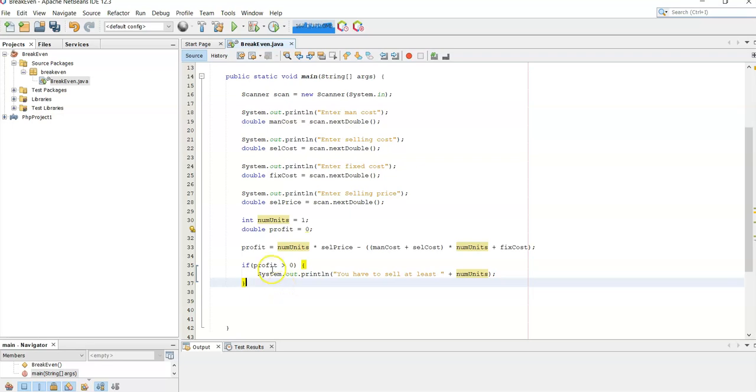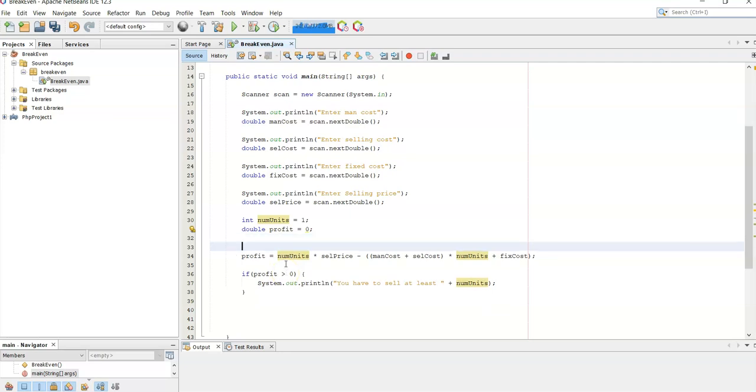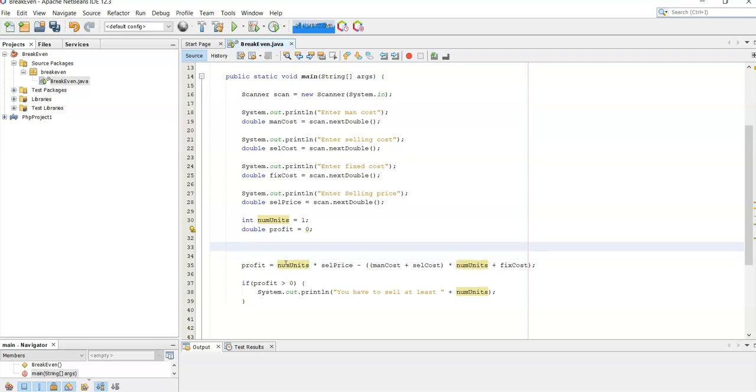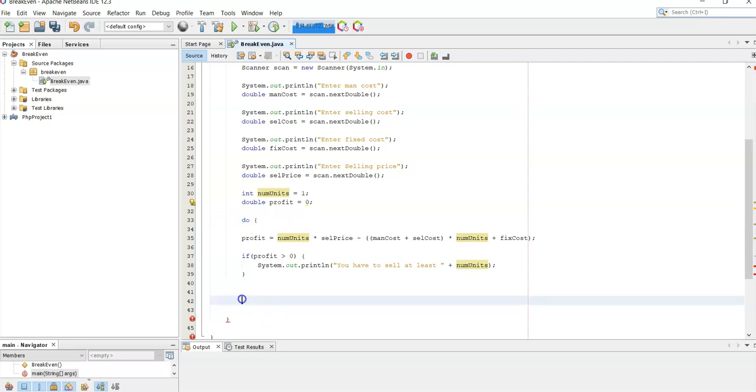but first, guys, I need to put a do while loop here. I was going to do that at the end of my if statement, but it will be more complicated. So okay, after I initialize my number of units and profit, I'm going to put a do while loop here.